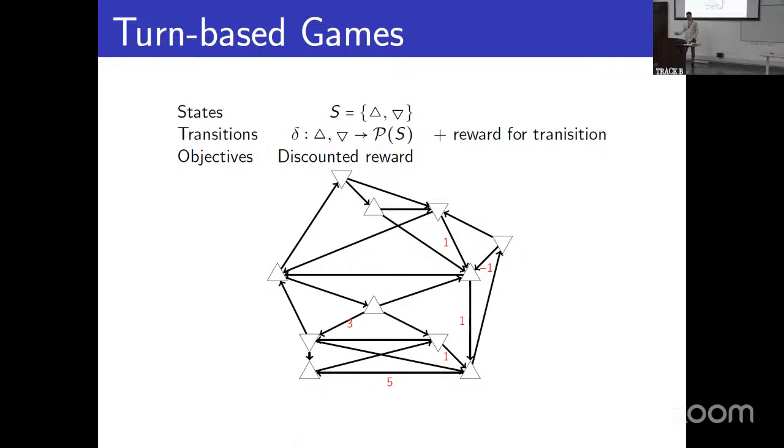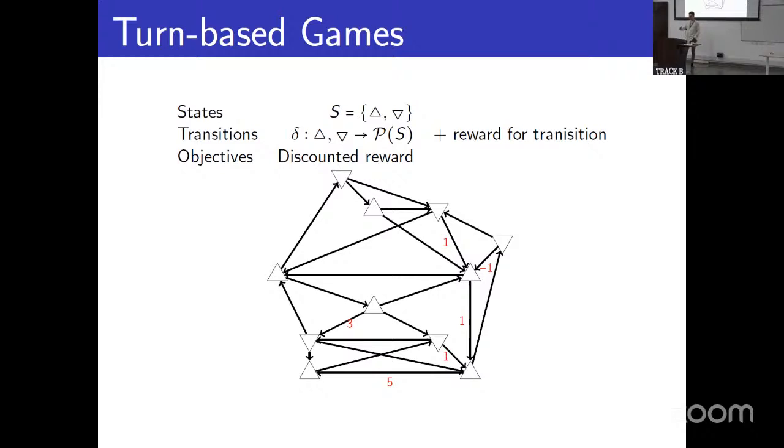Some edges have some reward. Some of them might be 0, this might be -1, this edge is 1, and then we will have some path. Note that the random vertex is missing here, so this would be for just deterministic games.